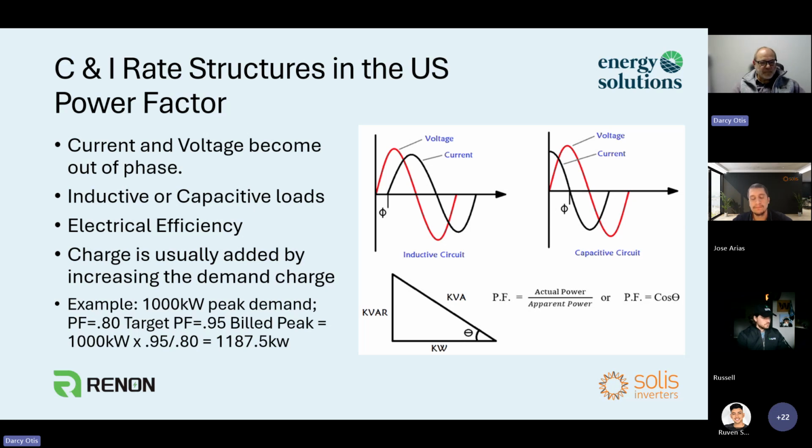So you can see that can be a significant boost, up to 10 to 20% or even more additional cost on the demand side of your power bill, which on large industrial rates can make up a majority of your bill. So those are kind of the different factors of a current rate structure in the US.